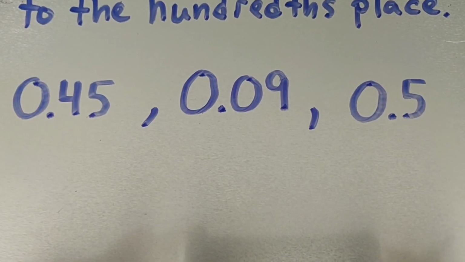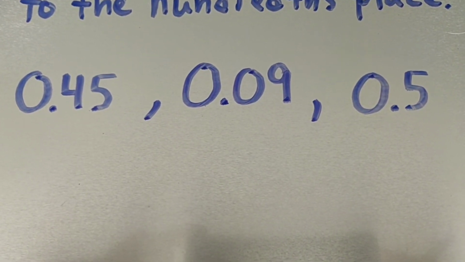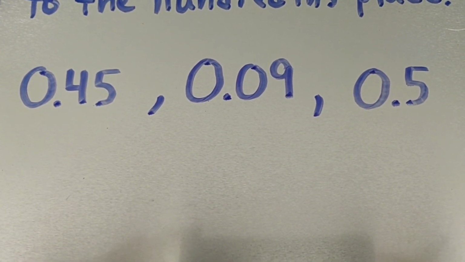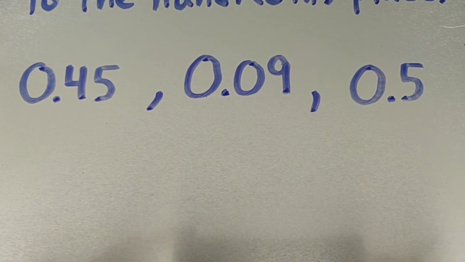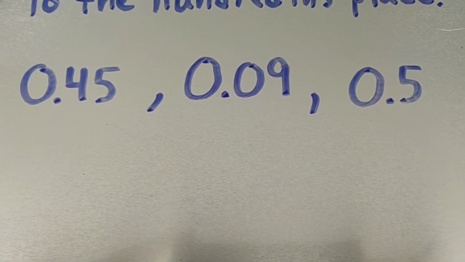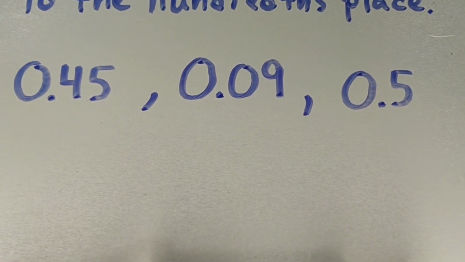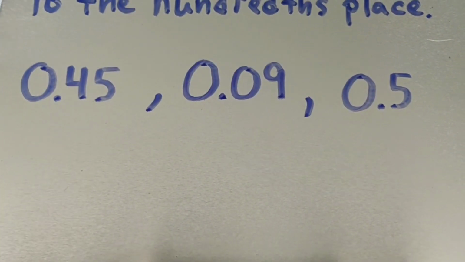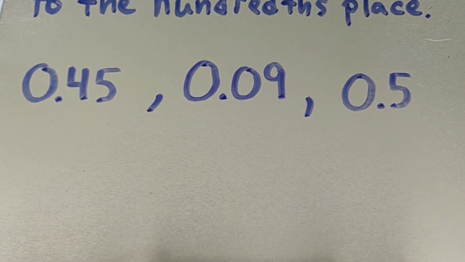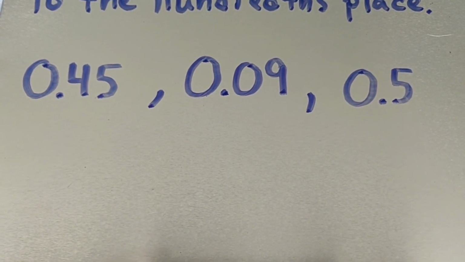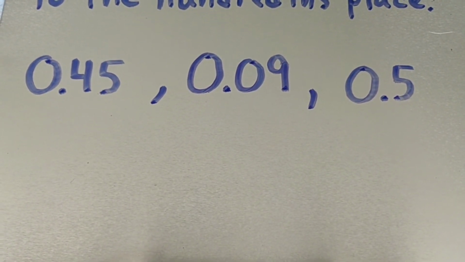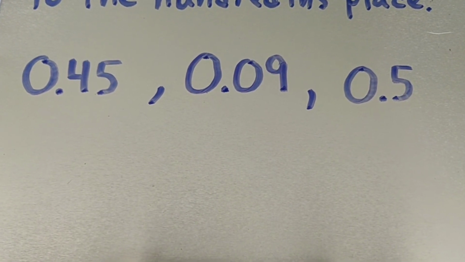So here's your exit ticket. I'd like you to take these three decimals, 0.45, 0.09, 0.5, and express them as fractions. If any of them aren't already expressed as a fraction with a denominator of 100, express it as a fraction with a denominator of 100.